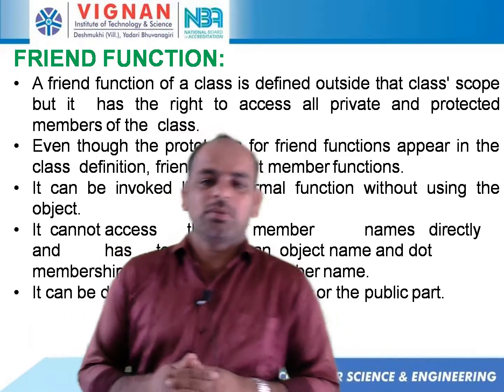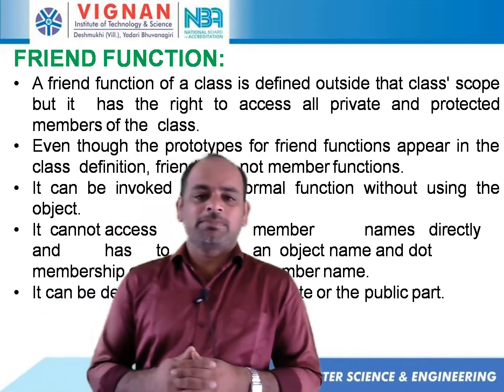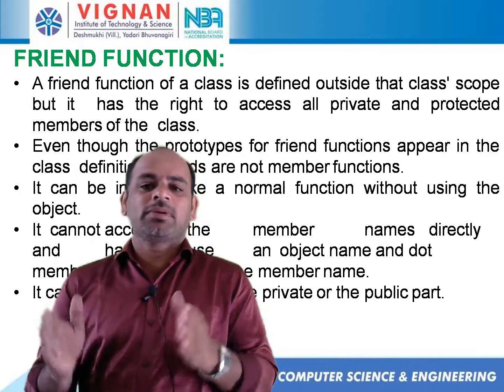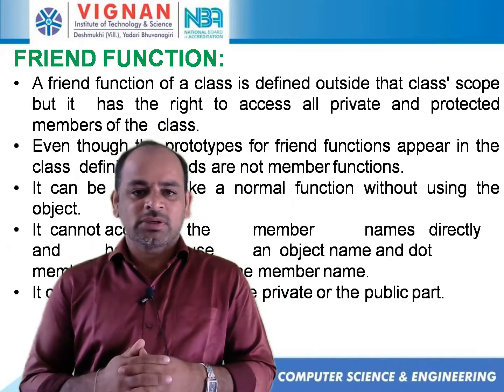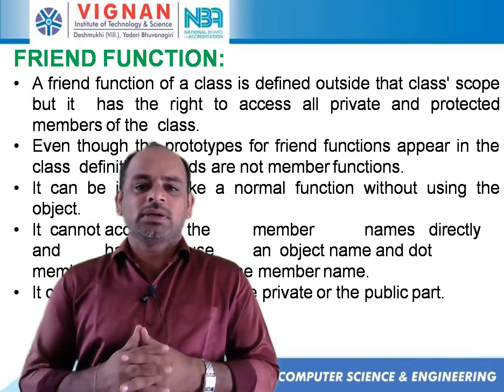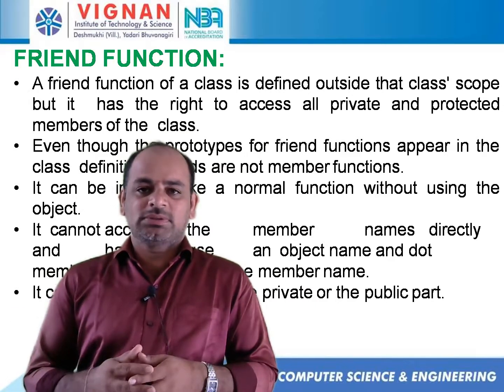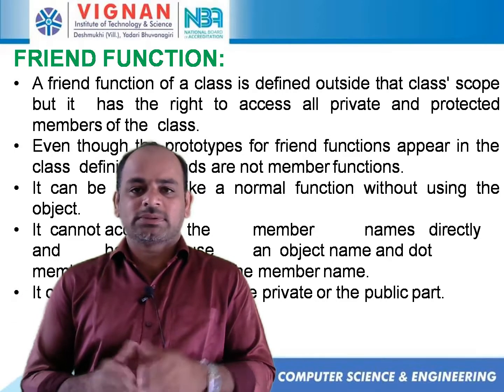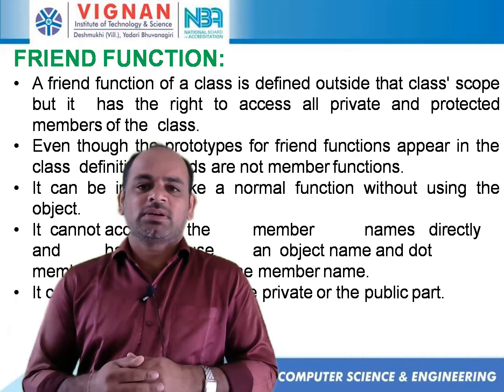Even though the prototypes of friend functions appear in the class definition, friends are not member functions. So it can be called like a normal function without using an object. Generally, if you have a member function of a class, how do you access it?